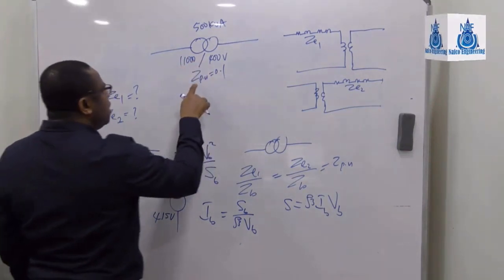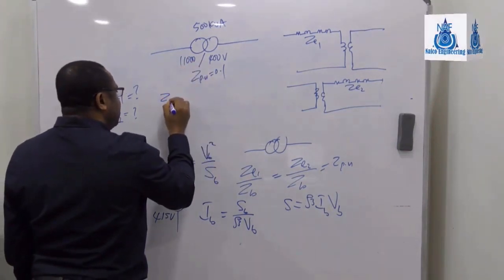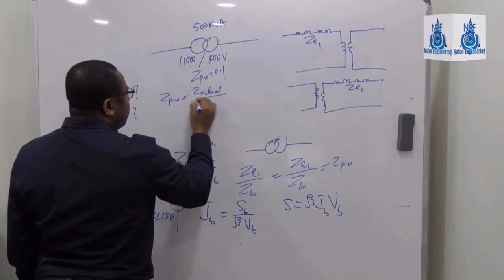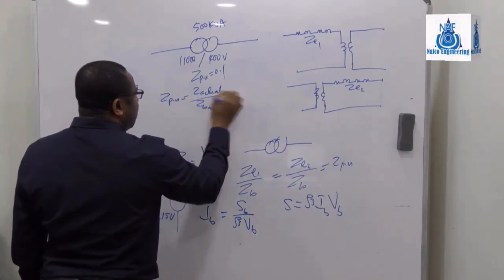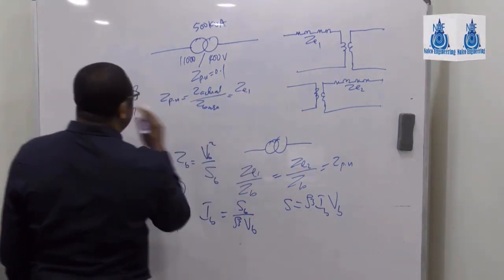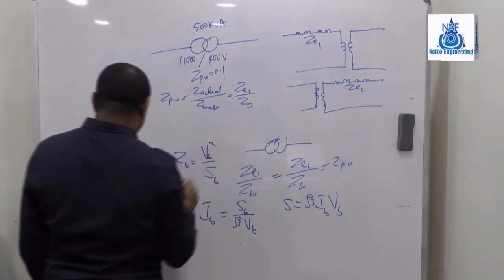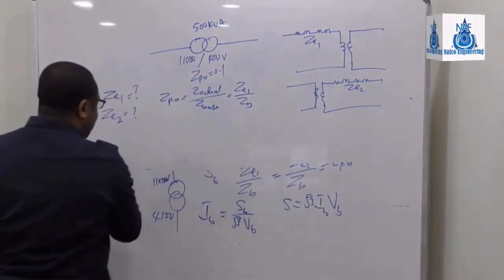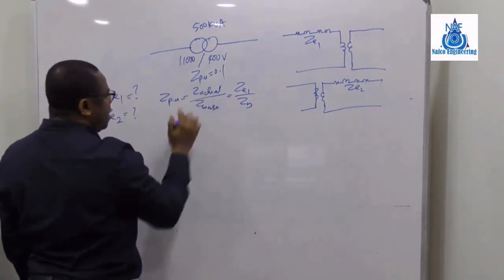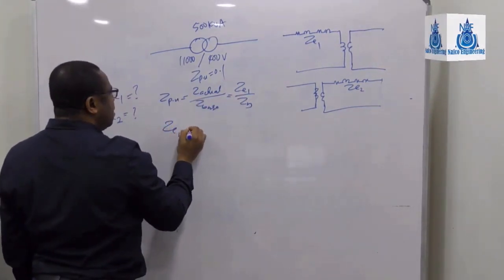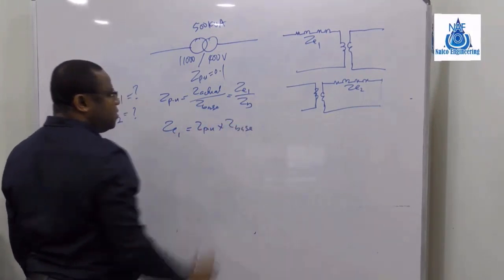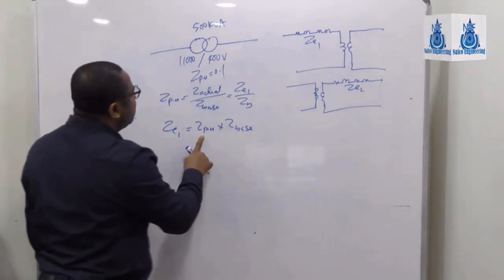So what we do, now this is Z per unit. Z per unit is Z actual over Z base. But this Z actual is your Z equivalent 1, right? If we're dealing with 1 now, over Z base. So that means that from here, Z equivalent 1 is Z per unit times Z base. Z per unit is given to you, 0.1.